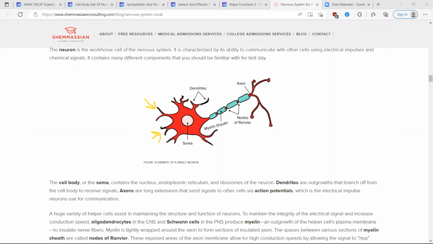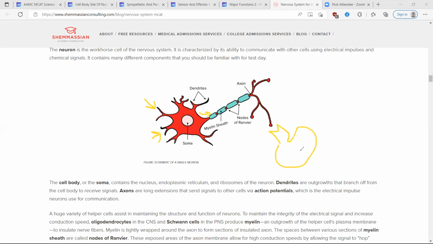then the signal is going to be allowed to propagate down what we call an axon. This whole thing over here is what we call an axon. The signal is going to go down the axon, and the axon is basically how the signal is allowed to travel to other cells, because over here there'll be another cell with its dendrites.